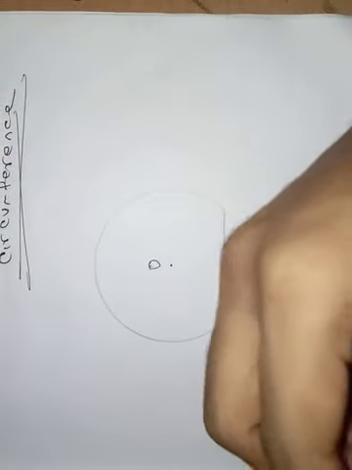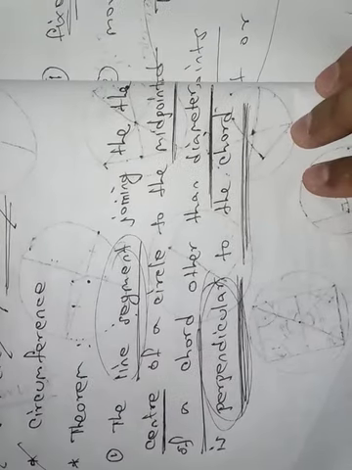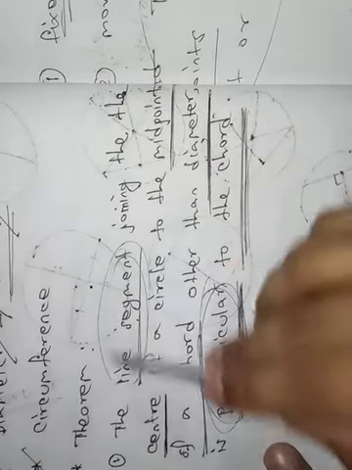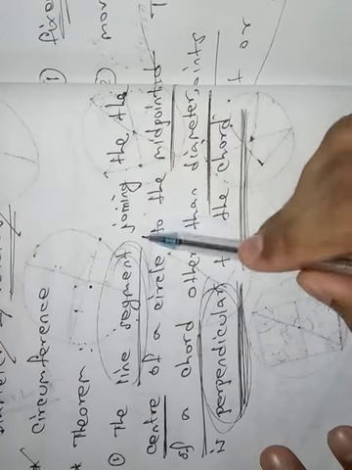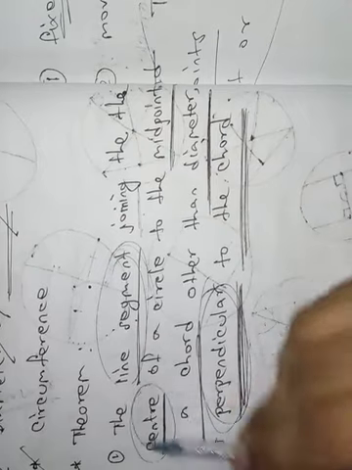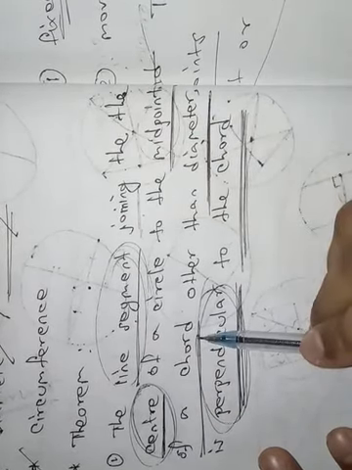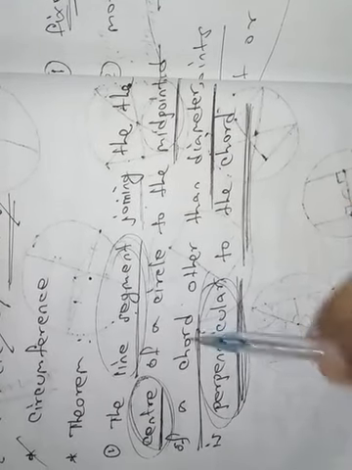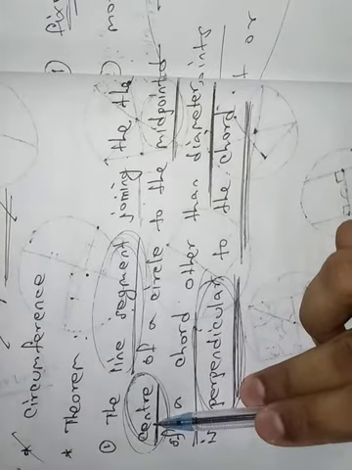Now, our theorem says that we have to find a line segment joining the center of a circle to the midpoint of a chord, such that we have to join the midpoint of the chord and the center.